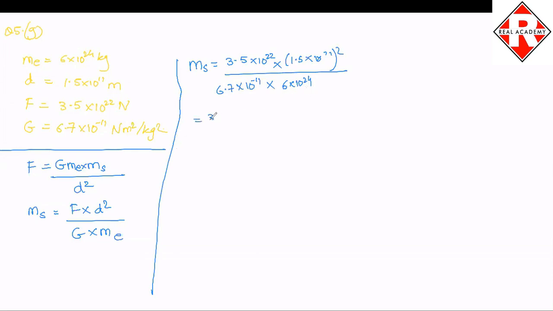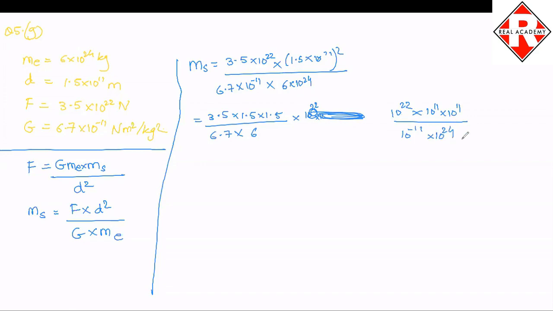So it will be 3.5 into 1.5 into 1.5, क्योंकि वो स्क्वायर में है, upon 6.7 into 6, and over here we will have 10 raised to 22 into 10 raised to 11 upon 10 raised to minus 11 into 10 raised to 24.